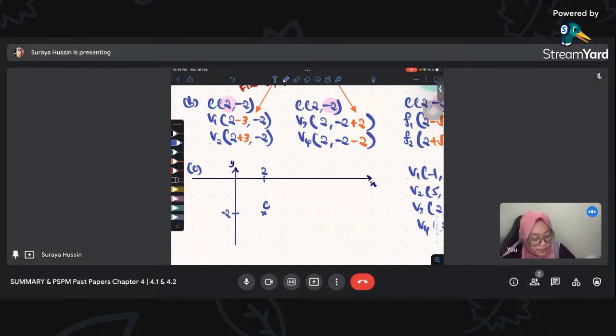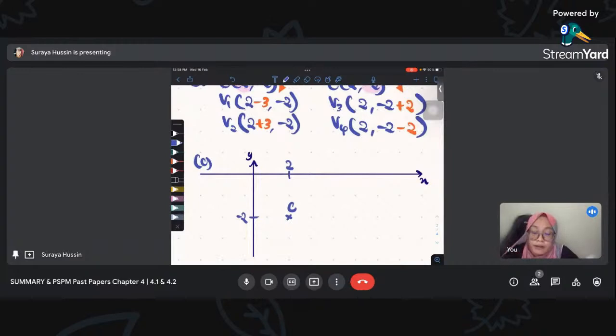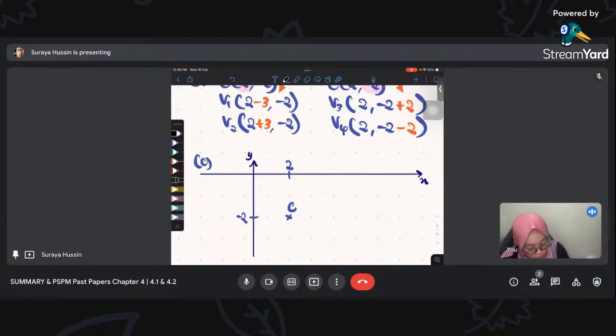Saya sangat pentingkan student saya label X, label Y, label your center. So center is always the first thing to draw it first. Okay, jadi tolong ikut cara saya. Cara saya mudah sebab tak perlu banyak hafal. So all you do is you make this dotted line first. Okay, you make this dotted line.